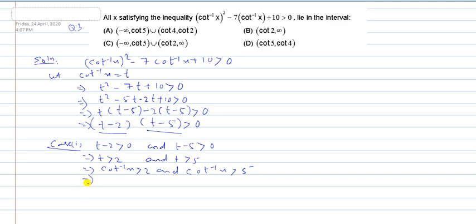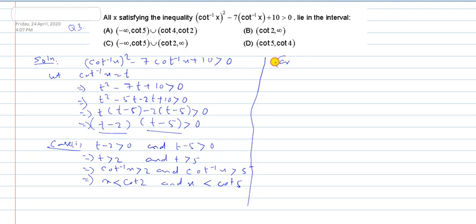Now remember cot is a decreasing function. So if I change the inequality of cot, then I have to change the inequality also. So x will be less than cot 2 and x will be less than cot 5. Okay, now let's proceed further.